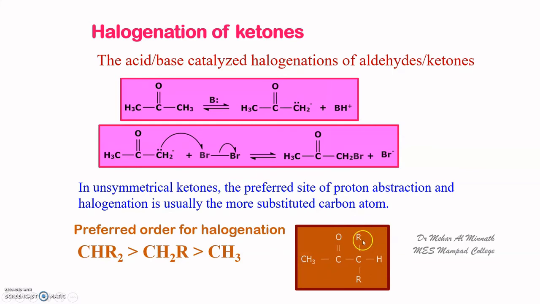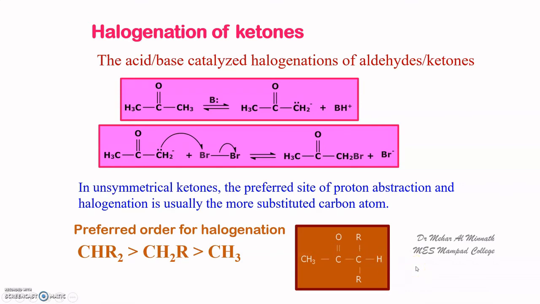So here, this proton will be removed. The more substituted the alkyl group on the ketone, the more easily the proton on it will be removed, and halogenation happens over here.